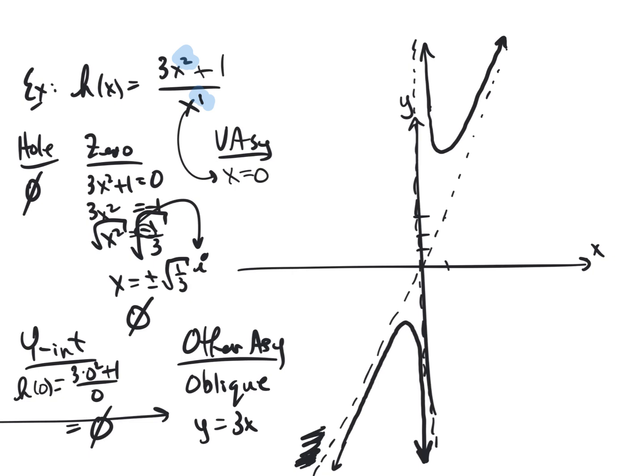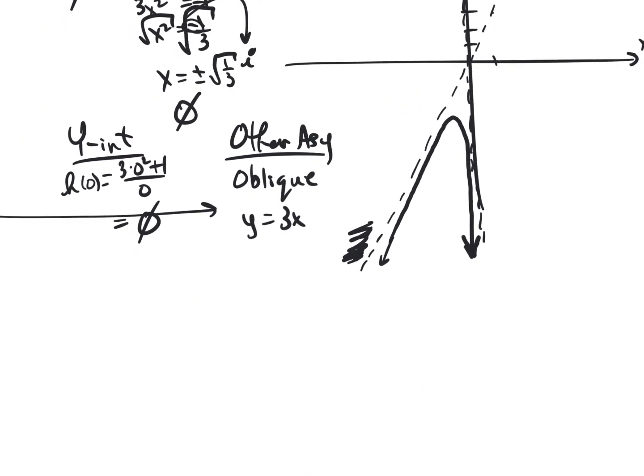All right? Feel free to punch this one out on your calculator, but you might have to mess around with the window a little bit, especially up and down, to get a decent picture of it. Okay? And to finish off, I have one last example.